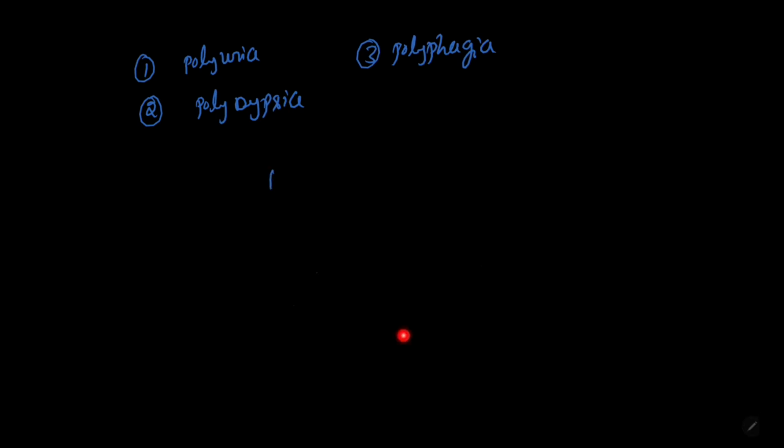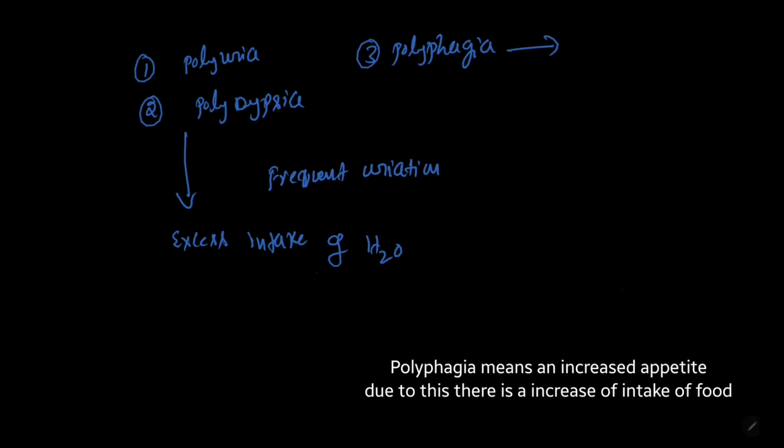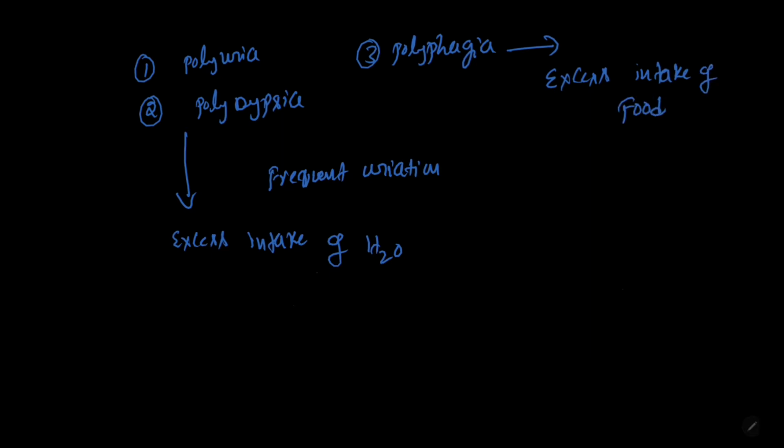Polyuria means frequent urination, polydipsia means excess intake of water, whereas polyphagia means excess intake of food. So when any patient comes with these symptoms, the patient samples will be tested for the diabetic profile.